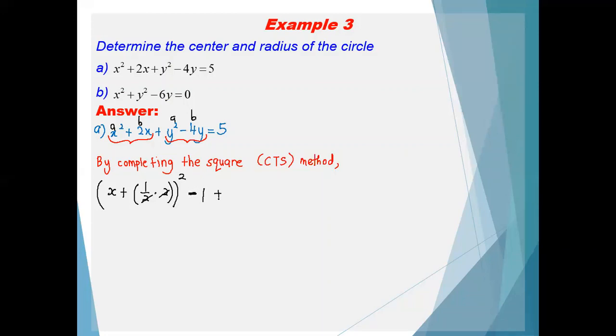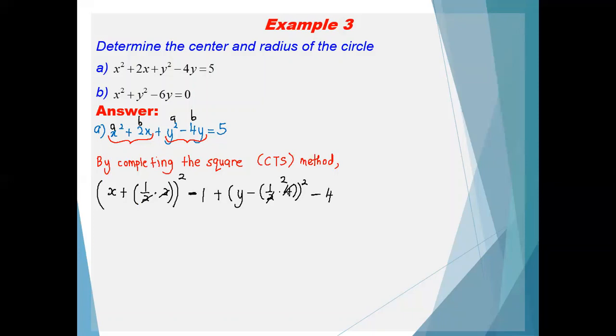Okay, plus buat yang ni pula, y minus half b, then square. So 1/2 times 4 to negative 2 square. Negative 2 square jadi 4 kan, so minus 4.